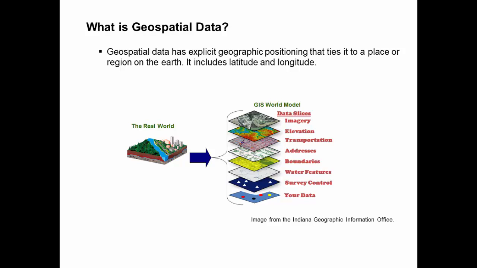The data model the world in a way that breaks down information into thematic components such as imagery, elevation, addresses, and boundaries that allow for querying and analyzing between the layers once they're properly aligned. I'm a big lover of cake, and I think of it as a cake where you slice down through the different layers to understand the information about the Earth.